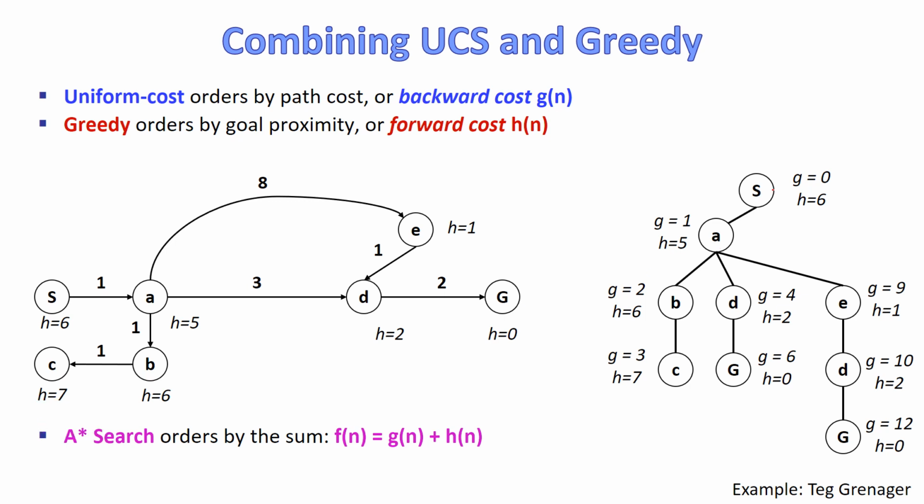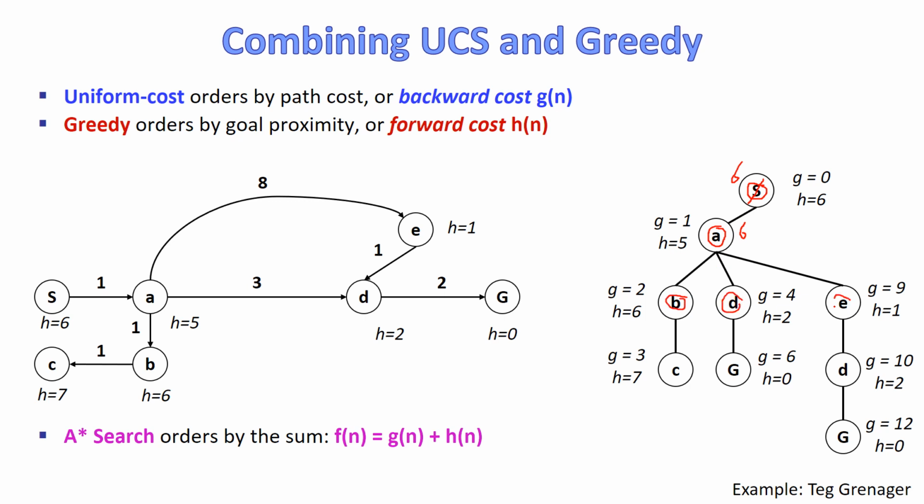We'll start with S. What is the cost for S? Which is 6, yes. So the cost for S is 6. Now we expand to A, which is again 6. Then we have no other choice other than expanding to B, D, and E.